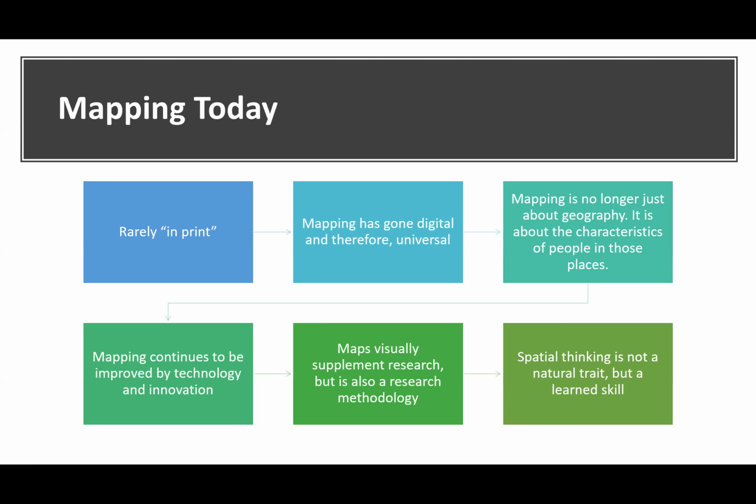And so mapping continues to be improved by technology and innovation. That is also part of this class, learning QGIS. QGIS is now the leading open source GIS software, fairly recent, again, in relative terms, but a growing competitor to proprietary GISs. And maps visually supplement research, but it's also a research methodology.